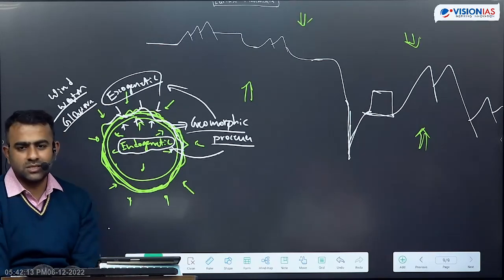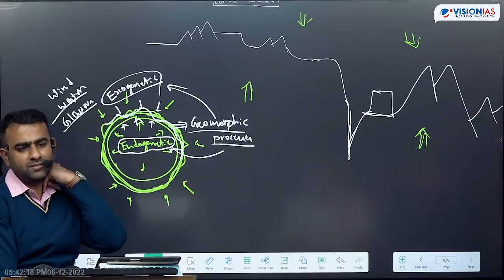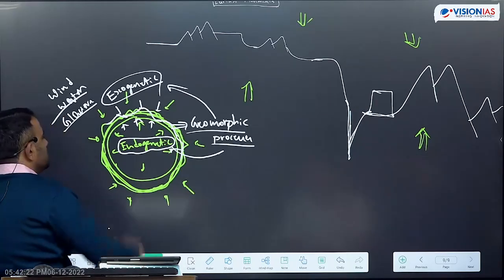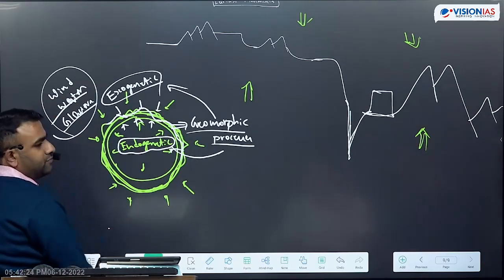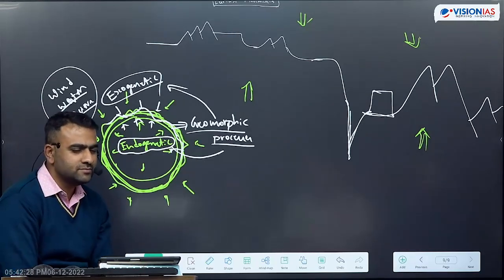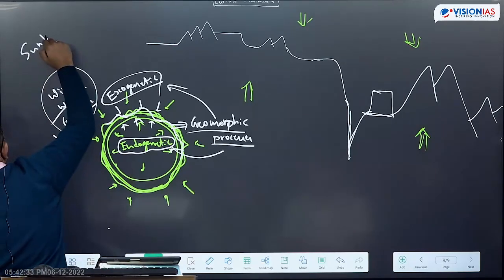Continuously it causes very large scale erosion. ग्लेशियर तो बहुत स्लो मूवमेंट रहता है बट बहुत ज़्यादा erosional capacity रहता है उसमें. So these are the agents of exogenetic movements. What is the force? What is the energy source? Sunlight, and then anything else?